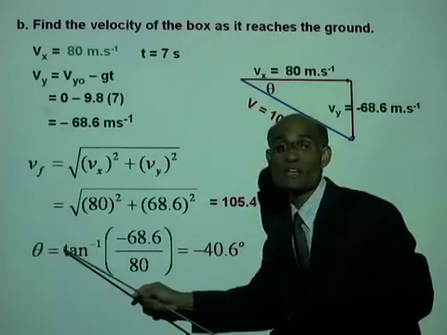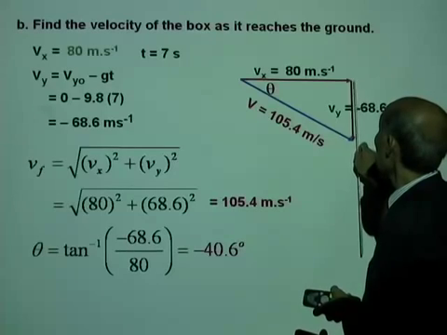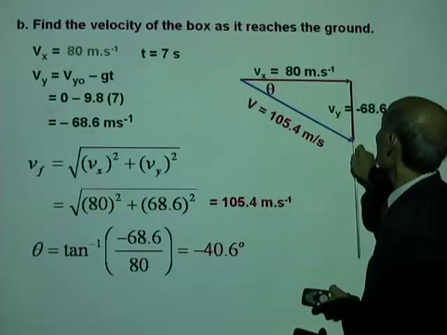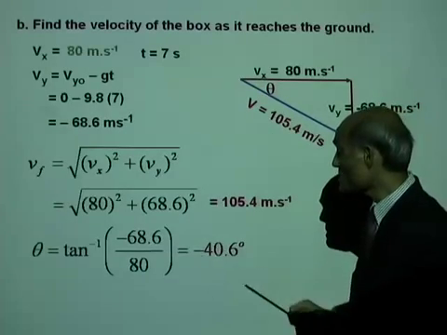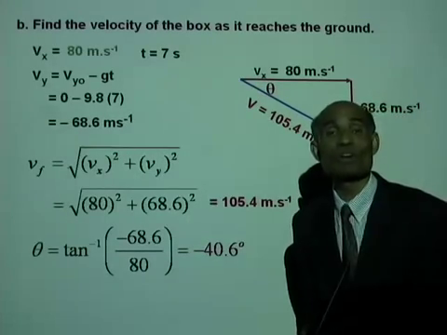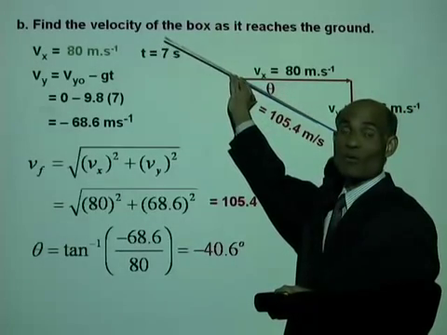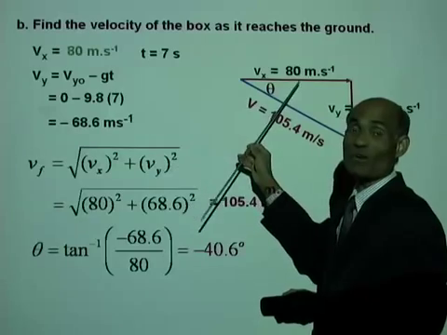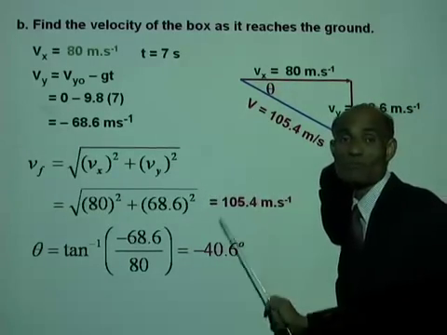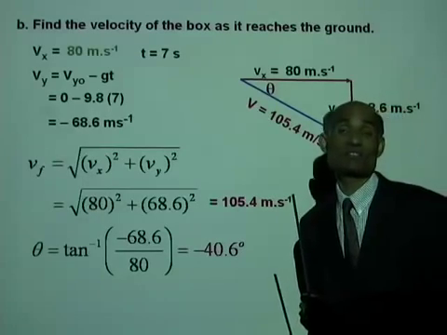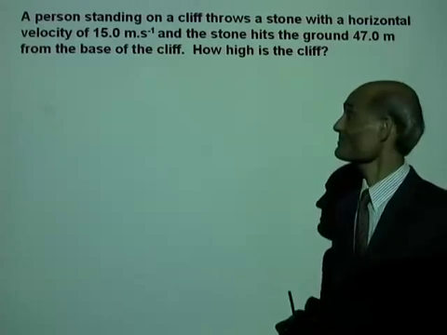And therefore theta is tan inverse of negative 68.6 divided by 80, and that is negative 40.6 degrees. You see, the angle is a negative angle. It is a fourth quadrant angle. So we now found the magnitude of the velocity and its direction. A very important type of problem.